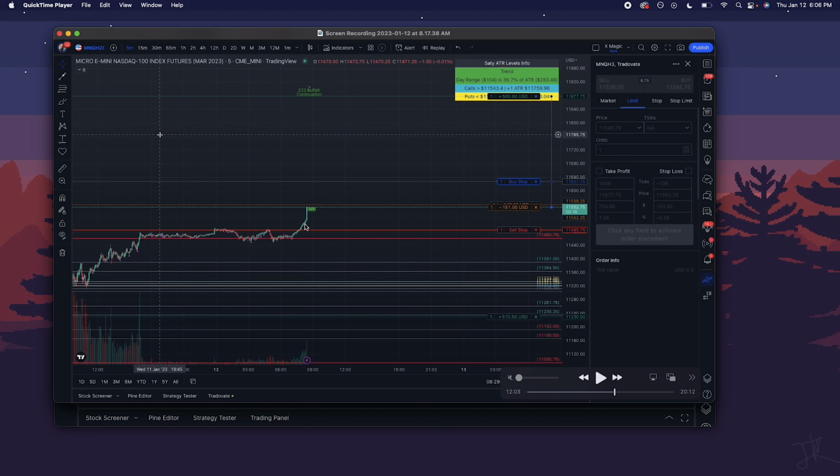For example, they'll get in on a long or a short, anticipating the direction. Personally, that's too risky for me. So what I like to do is just set a buy or sell stop in relation to how much it moved prior.